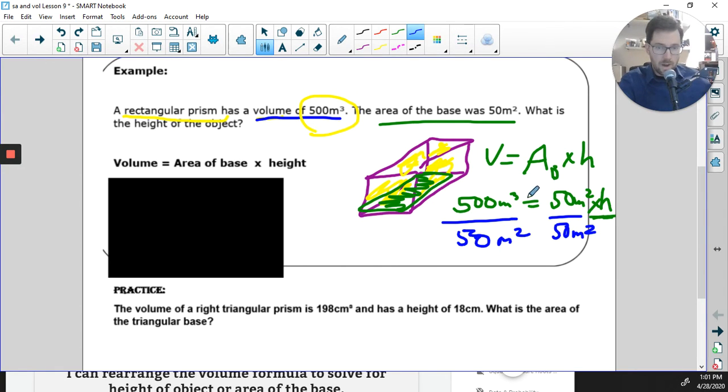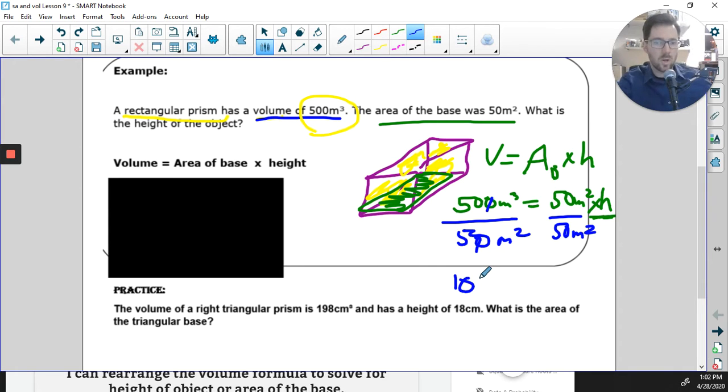So we have 500 meters cubed divided by 50 meters squared. You can type that into your calculator, 500 divided by 50. You can also cross out one of these zeros and go 50 divided by 5. We've got 10. Now, what are our units going to be?